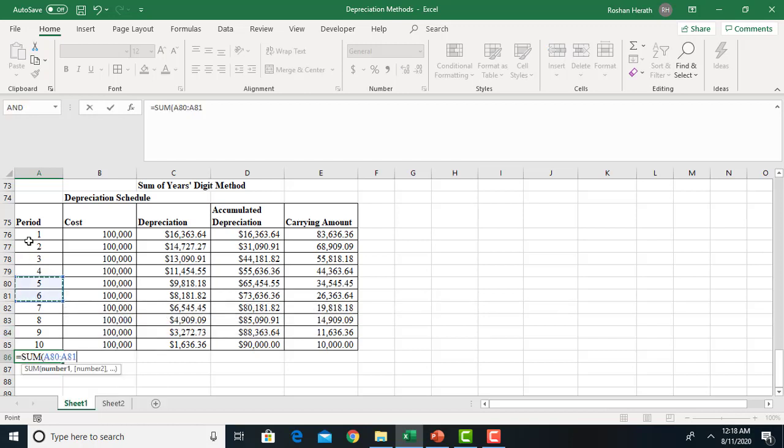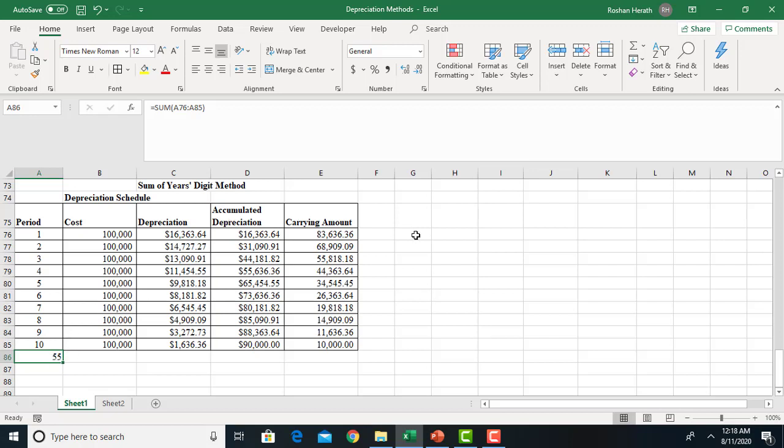You can take the total of the period, then it comes as 55. Then as the term suggests, the sum of the year digit is what the depreciation should be. When it comes to the first year depreciation, it should be the last year's digit divided by the total digit.